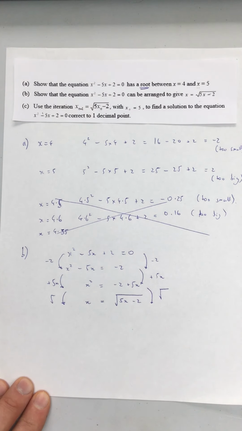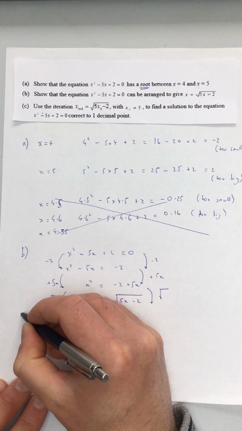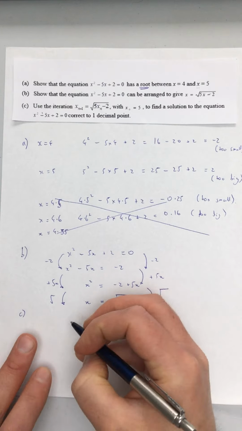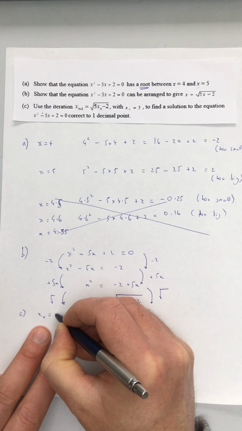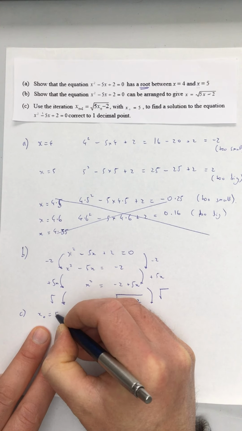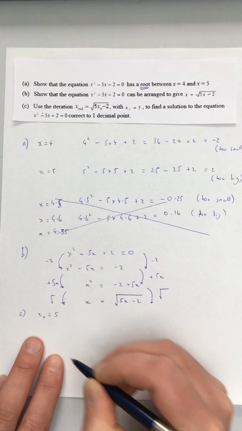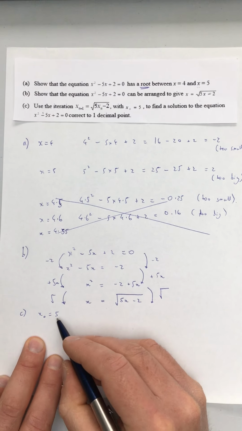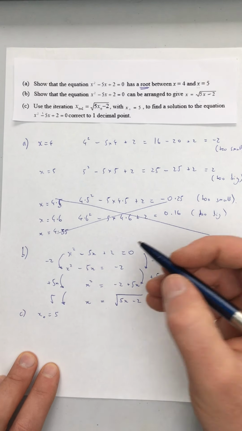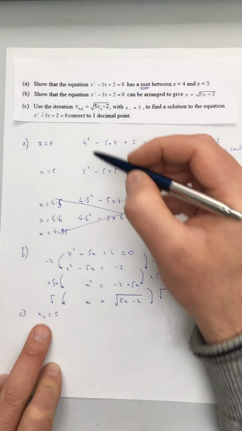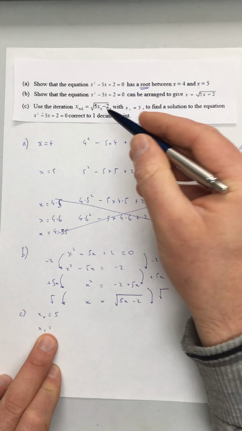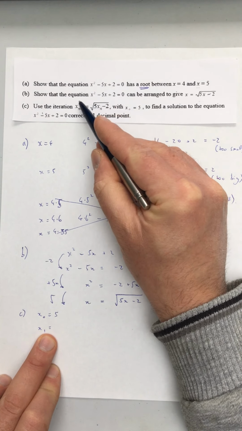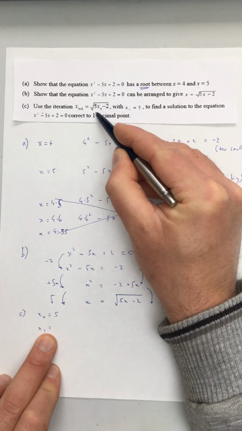Hopefully I've got room to squeeze it on the bottom here. So right, we've been told x0 equals 5. So if you like, that's the 0th term in this little sequence that we're going to get. X0 equals 5. And then we're going to substitute in. So to find x1, we substitute in 5 into this formula here, into this part of it.